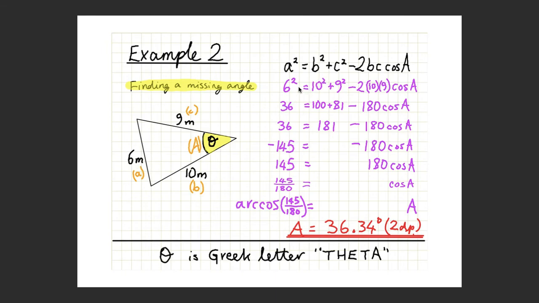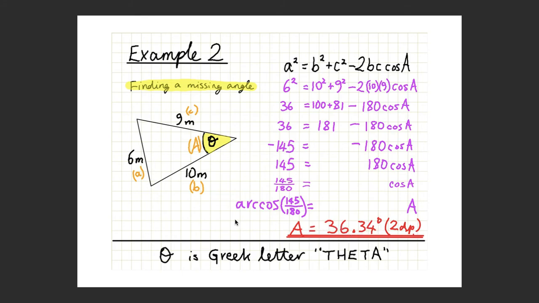So sticking all of that information into the cosine rule, we get it down to 145 equals 180 cos A. Dividing both sides by 180, 145 divided by 180 is cos A. So we just inverse cos that fraction to find out what A is, and it comes to be 36.34 degrees.